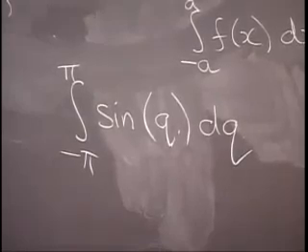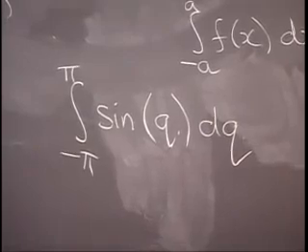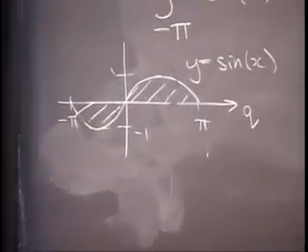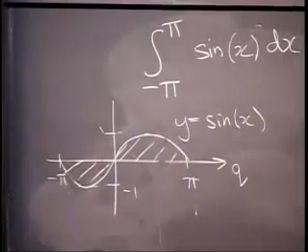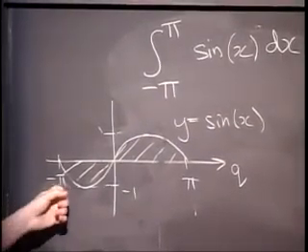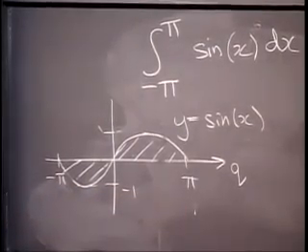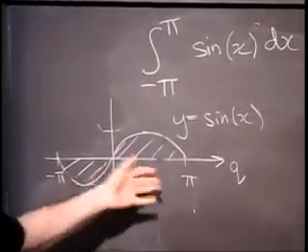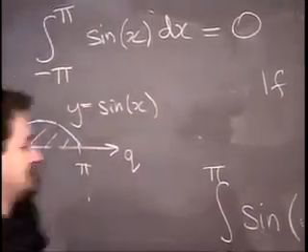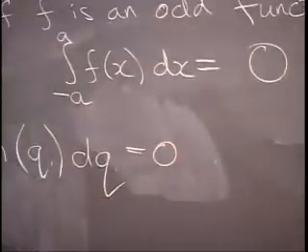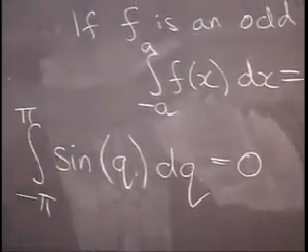Well, I mean, hey, look, if I just change this axis to the q-axis instead of the x-axis, and look at the definition and say, oh, well, it's the signed area between y equals sine q, the q-axis, and q equals minus pi to pi. Of course, this is the same as this. Who cares what the thing is called? This equals 0 as well. The point is not that it equals 0, but that this is the same thing as this.